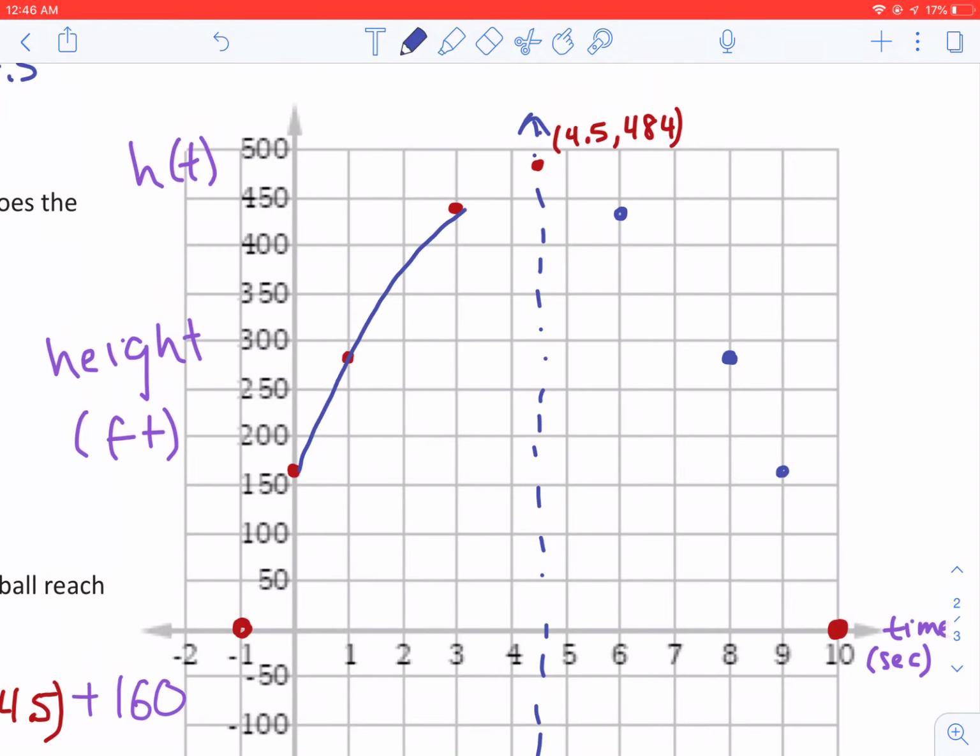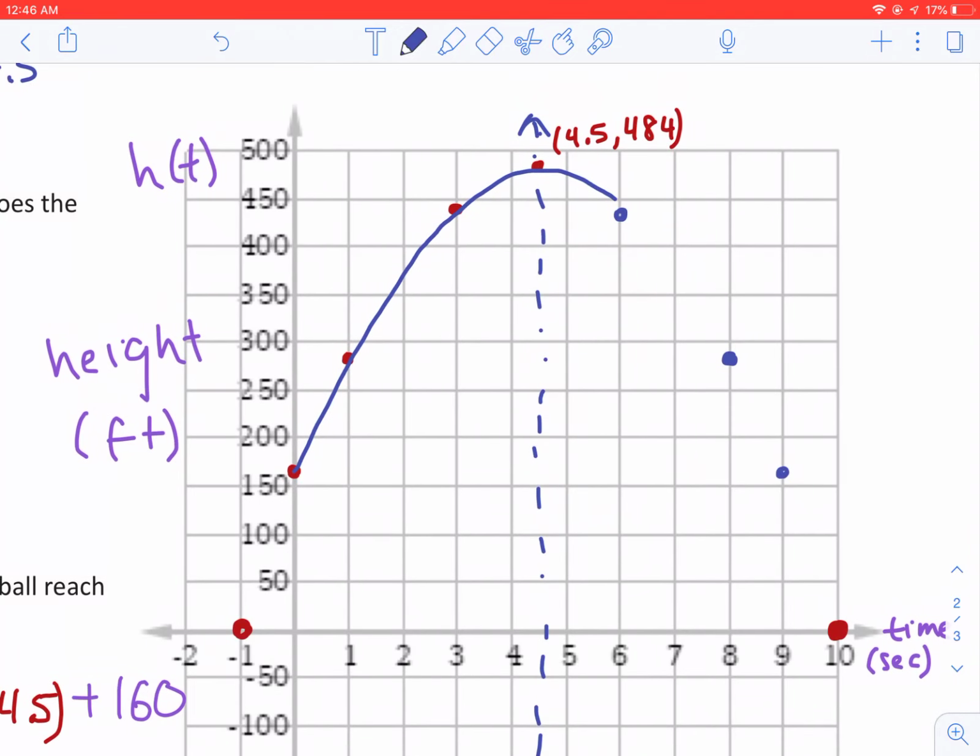That is a graph of the height of the ball given any time t. And there we go. Beautiful.